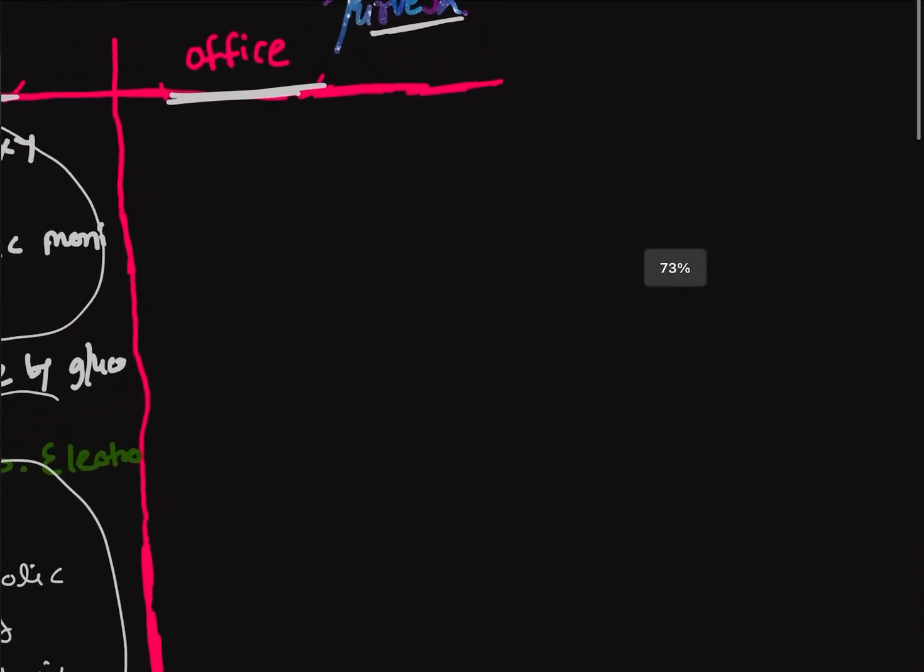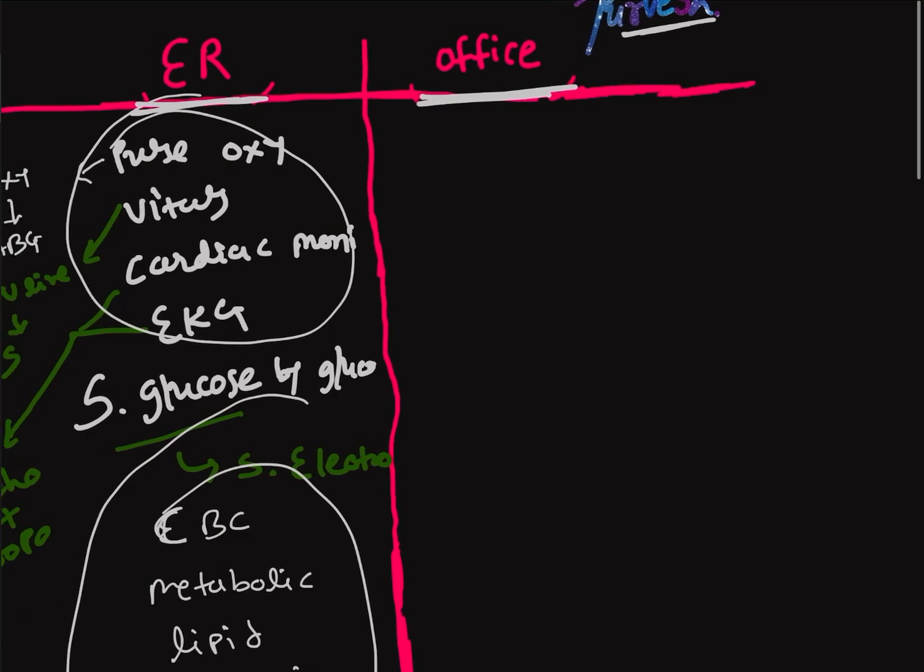Now, when patient is coming to the office, most of the time it is not a serious situation, and same in the CCS cases also. So we do pulse oximetry, we take vitals.